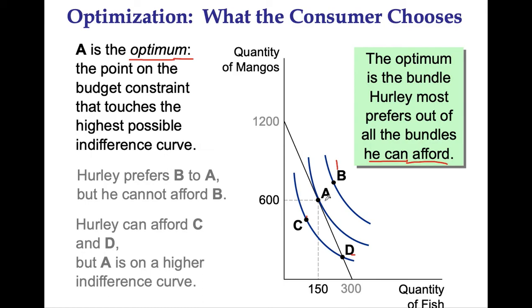But the combination A, 600 of mangoes and 150 of fish, gives the highest satisfaction. That is the bundle that gives the highest satisfaction, and it is still affordable by the consumer. So the optimum, the point at which the budget constraint is tangent with the indifference curve, is the choice of the consumer, and it is called the optimum.